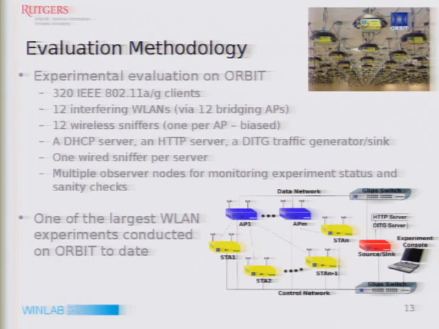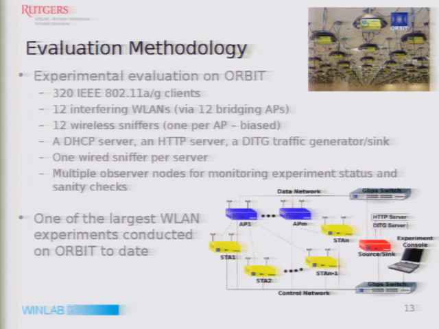Our methodology was obviously using the big grid down there. If it's good for one thing, it's for doing high density research, because it's by design a high density deployment, so we took advantage of that. Just a brief summary: we used all the way up to 320 clients and 12 wireless LAN sniffers. We tried to do it as real as possible, with a DHCP server and traffic generators, and I'll go into the traffic workload part after this.